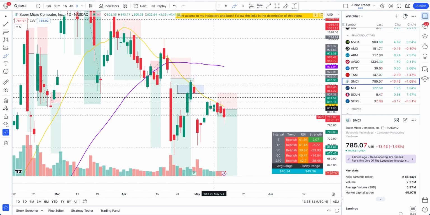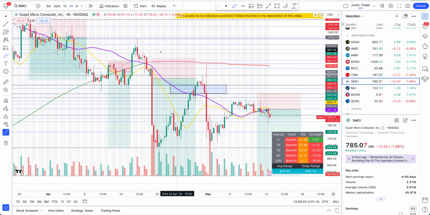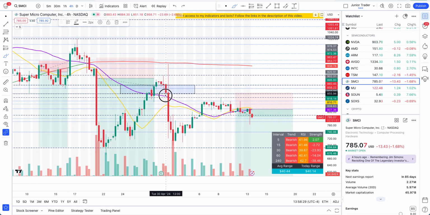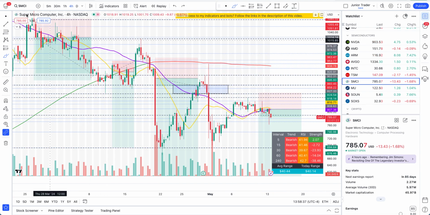I saw this rejection at the 20 days moving average, which is clearer on the 4 hours interval, together with the supply zone of the post earnings sell-off, and we started to see the sell-off again. As it was coming back into the rebound, slowing down and constantly forming lower highs, it gave me confidence and I wanted to go in short.